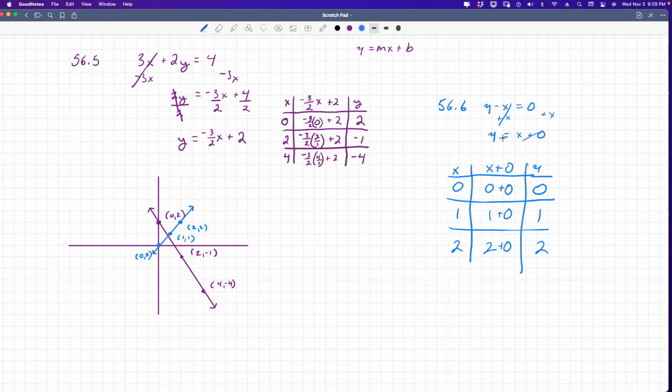Easy peasy. We just need to change it around so that it comes up in this format. Once we get it in this format, then we can plug it into our table, just like this, x, and then our formula, and then y. And then we can plot it on our graph.